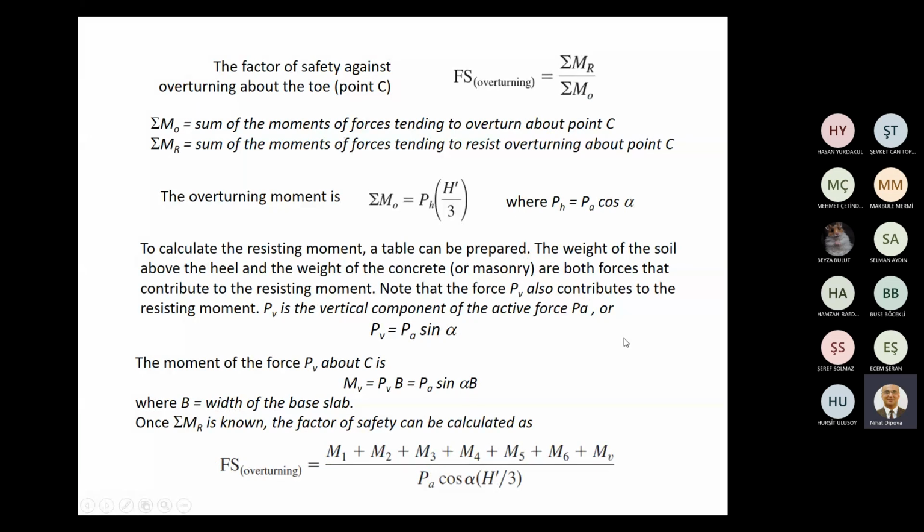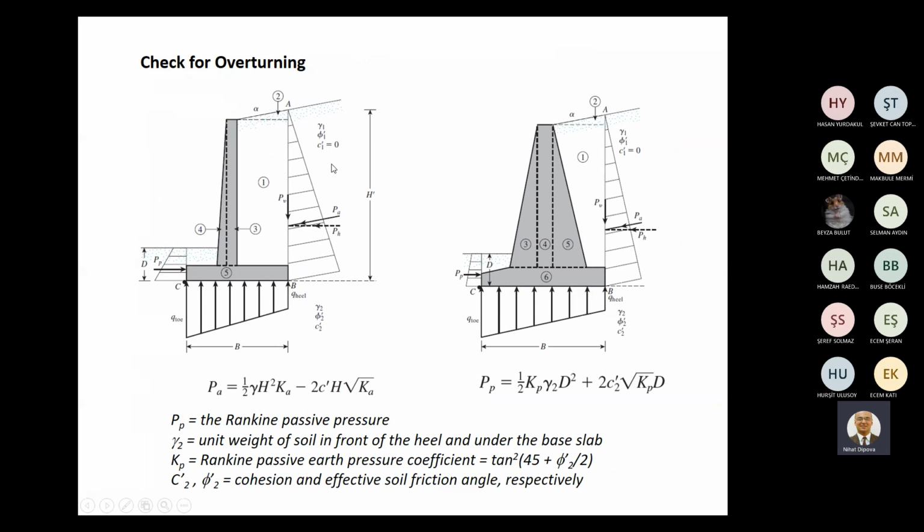To calculate the resisting moment, a table can be prepared, because in the resisting moment calculation we have some complicated geometries, and to make this calculation easier, we will divide these geometries into basic geometries, triangles and rectangles. For example, this wall can be divided into the first rectangle, the second rectangle, and a triangle.